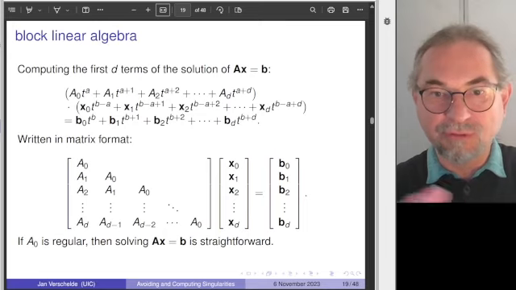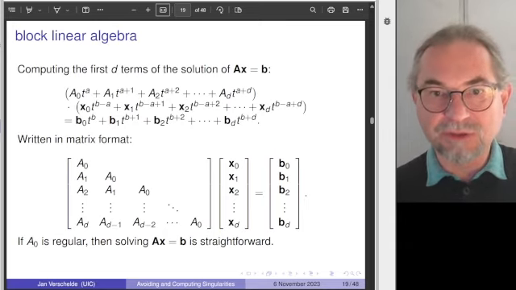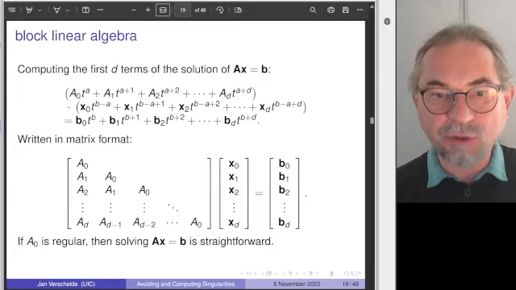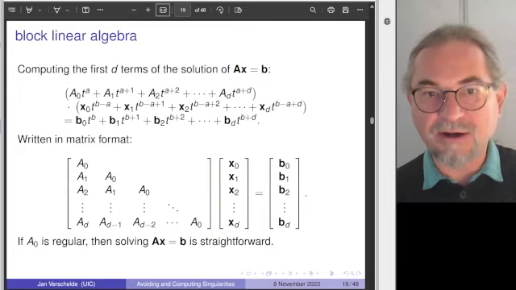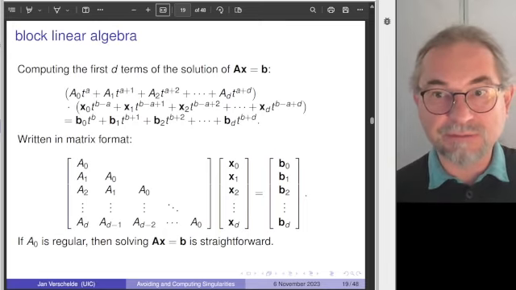So you solve for your x naught, you solve your first equation, your first block, and then you update. Solving this triangular block linear system is then also very straightforward.